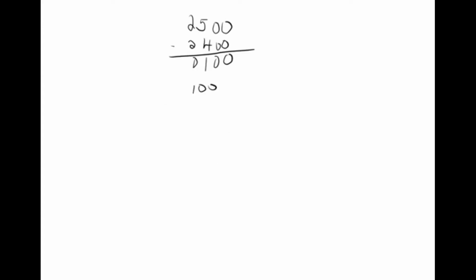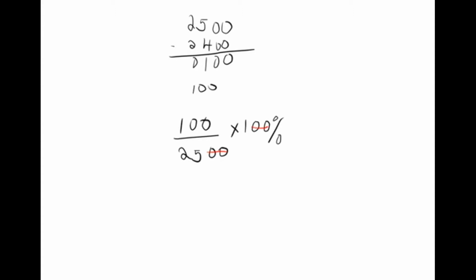Therefore, we shall have 100 over 2,500, then times 100%. Then from there, we can simplify. We can divide this 0 with this 0.